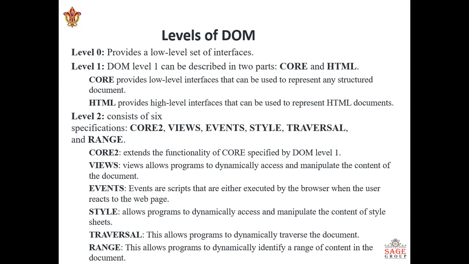If you prefer, go through the previous videos on why DOM is required, structure of the DOM, properties of the DOM, methods of the DOM, and what DOM is not. Today we will cover levels of DOM. Here we can see the different levels of DOM.